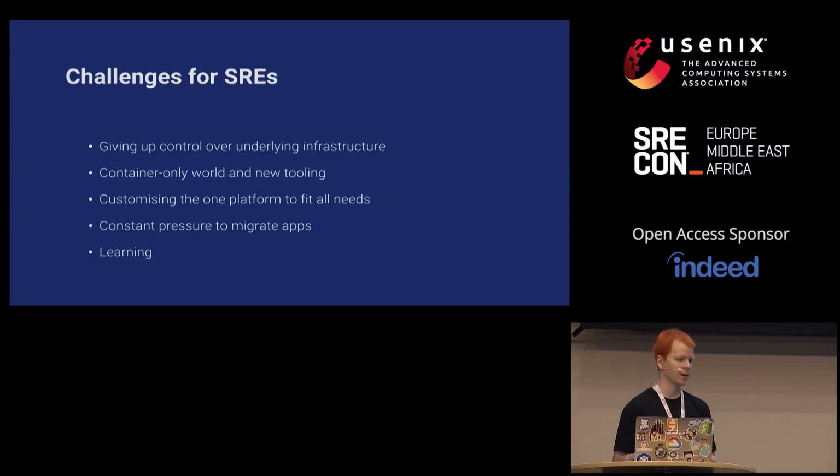On the SRE side, we were moving to the cloud from the data centers, so we were giving up a lot of control of transit networks, hardware, whatever else. We were also running stateful workloads on bare metal. So moving stateful workloads, Splunk, Kafka, whatever else, to containers was also very interesting, and there are quite many battle stories about those.